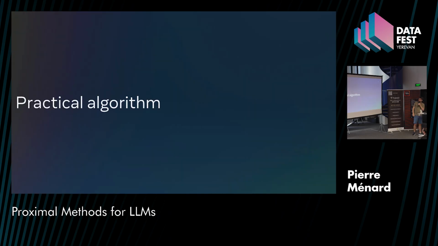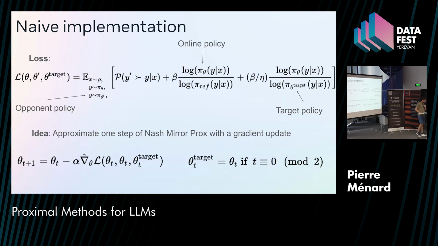Okay, so now the question is, we have an algorithm we want to implement. Let's first try a naive implementation of it. We take our loss, which is the loss that appears in the optimization problem I showed before.